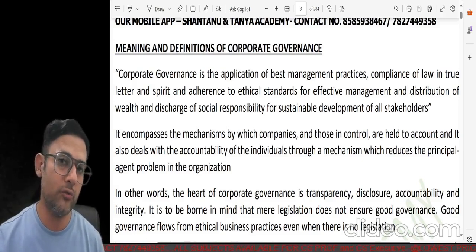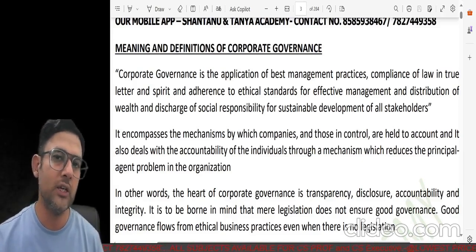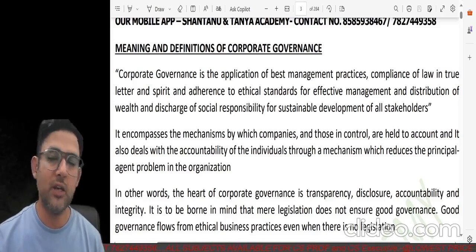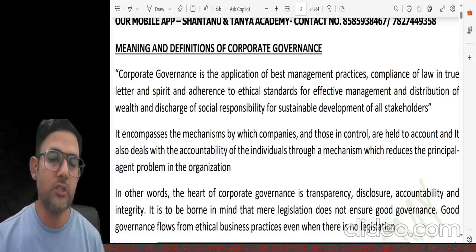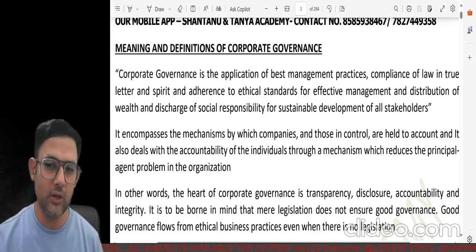They've been drawing very good salaries, but when it comes to the employees, the shareholders or the stakeholders, they are not getting dividends, they are not getting bonuses, they are not getting a good salary. So this is not corporate governance. Corporate governance really talks about equal distribution, whereby when the company moves ahead and generates profit, that should be distributed between all the stakeholders.